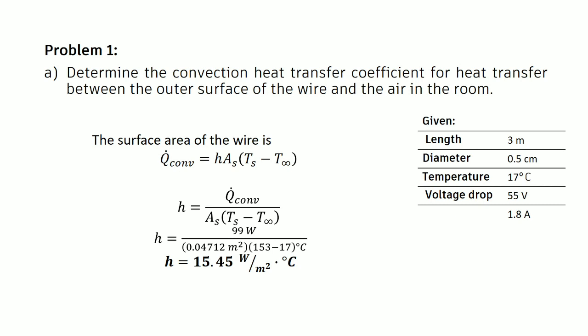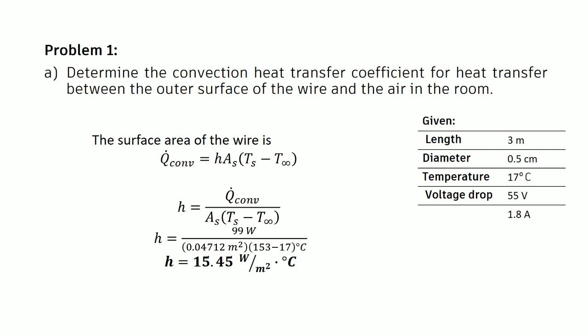Plugging in all the needed values, we have 99 watts for our heat rate of convection divided by the surface area and the temperature difference. And we have our h to be 15.45 watts per square meter degree Celsius. This is now the convection heat transfer coefficient.